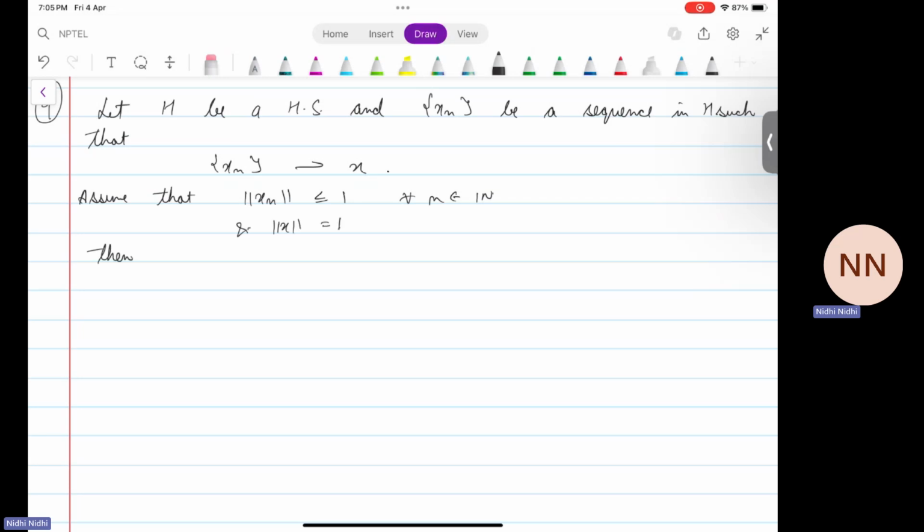Then they're saying that in this case, Xn should converge to X strongly in H. So let's see whether this is true or not.